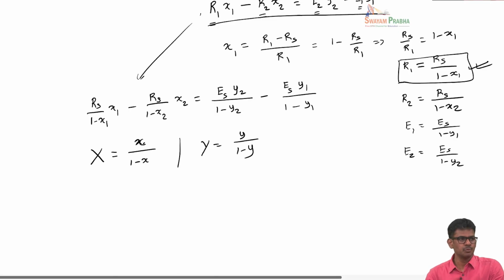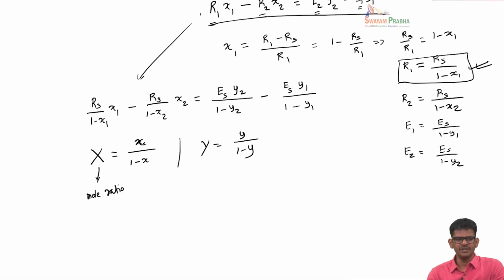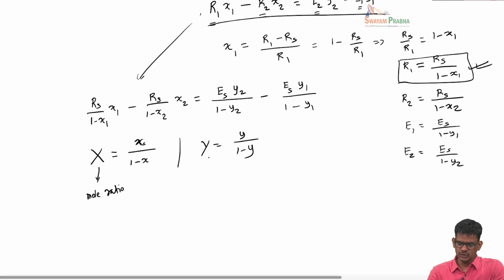If small x is a mole fraction, this capital X is actually mole ratio. This basically means moles of A divided by moles of the solvent or solute free component. And similarly, Y is also a mole ratio.